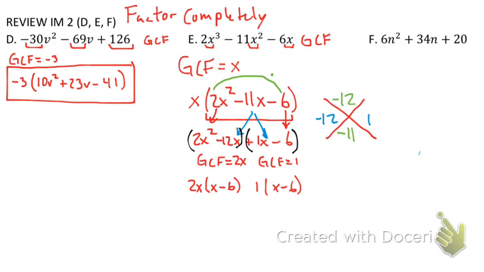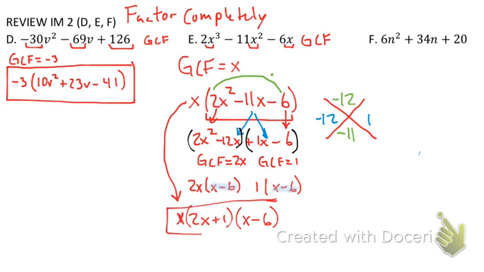And since the factors are the same, we can regroup just like we did in the last slide. So it's going to be 2x plus 1 parentheses x minus 6. Okay, and then do not forget your original GCF. It still has to get multiplied to the front. All right, and that's how we get our final factored form.